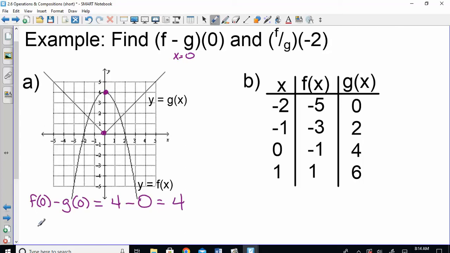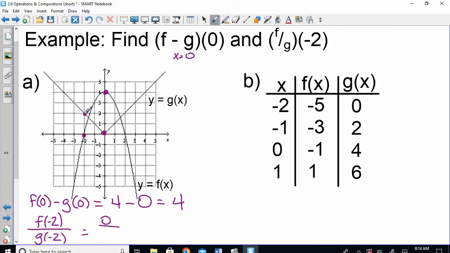So f divided by g of negative 2. When my x is negative 2, here are my 2 points. So f is my parabola. What's the value of f of negative 2? 0. G of negative 2.